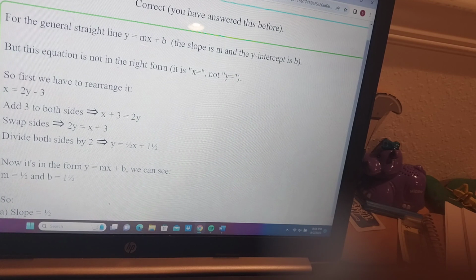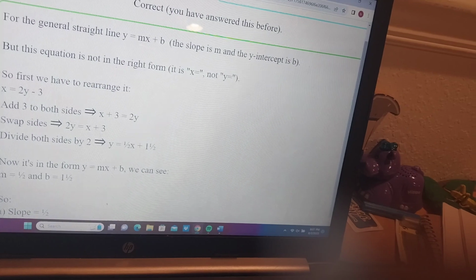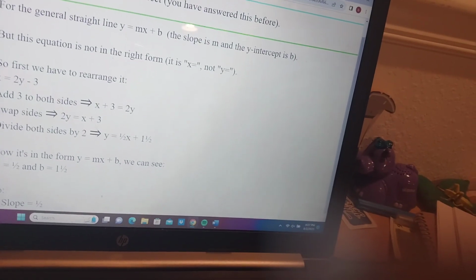Now, yet again, we have 2y, but we just want y. So we're going to isolate it. We now have 2y, so it's like 2 times y. We're going to divide by 2.